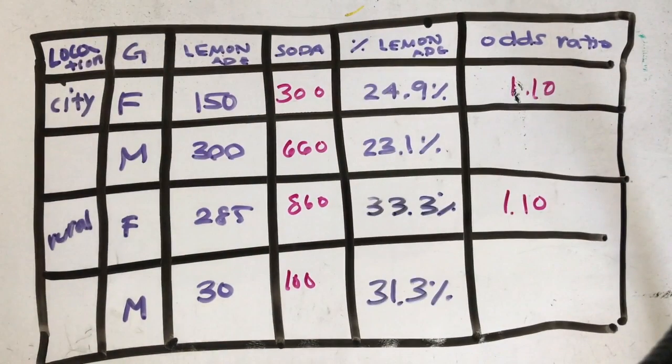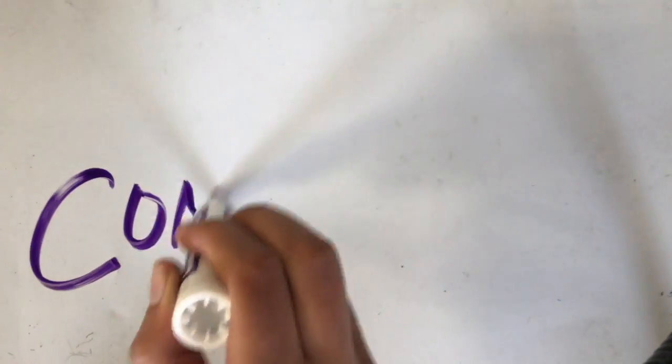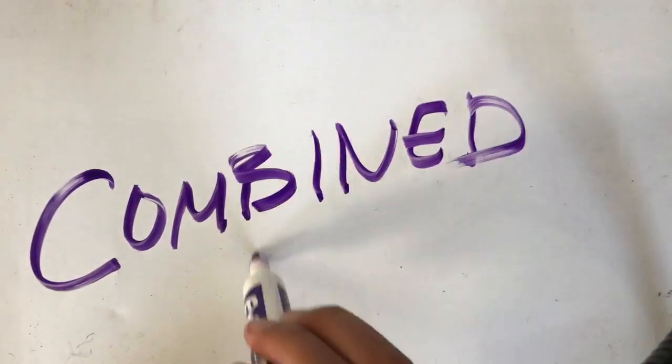Okay, so it looks like women are 10% more likely to drink lemonade than men are. Now you decide to combine the data from the rural folk and the city dwellers.